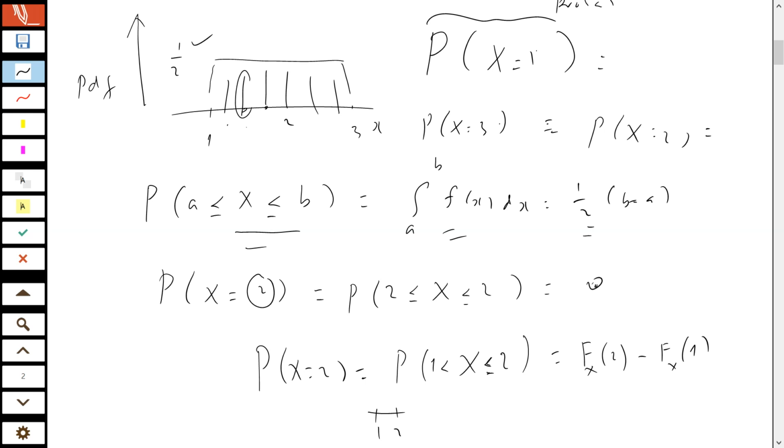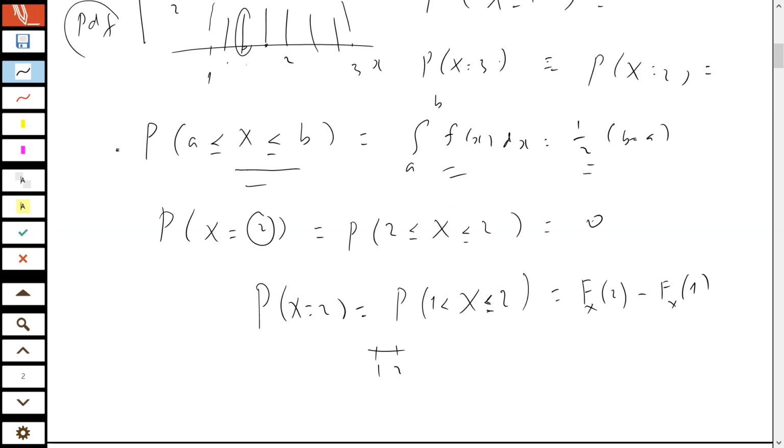So just remember this: the probability will always be 0 at a single point, regardless of which continuous random variable you are talking about, whether it's uniform or any other. Even if you don't know the PDF, it will be 0. That was the reason we needed to introduce PDF, right?